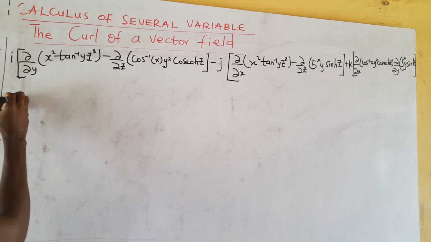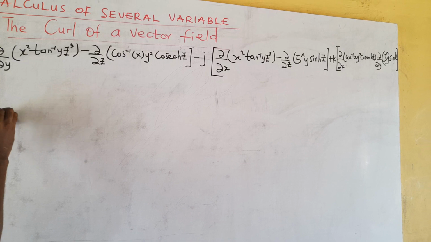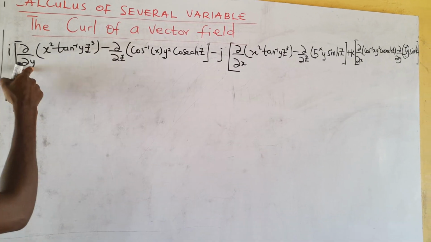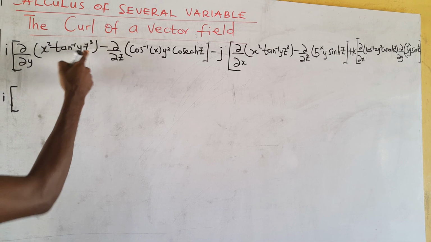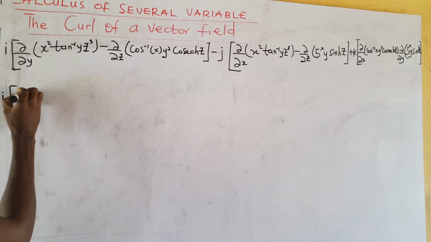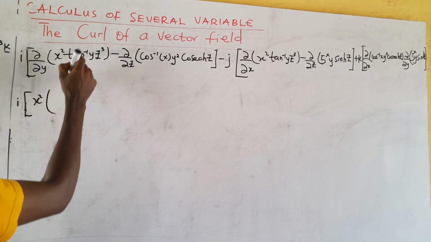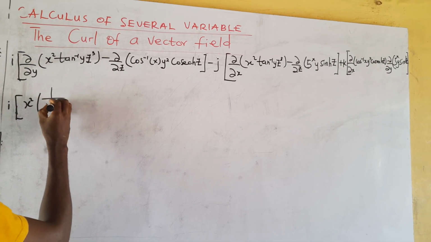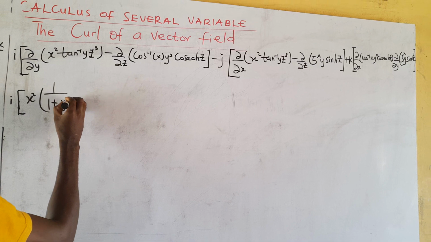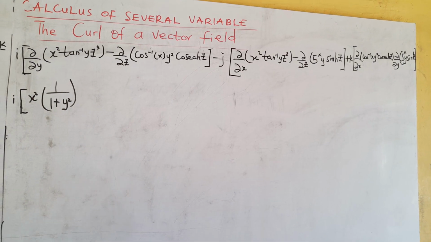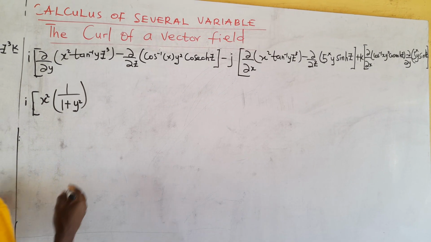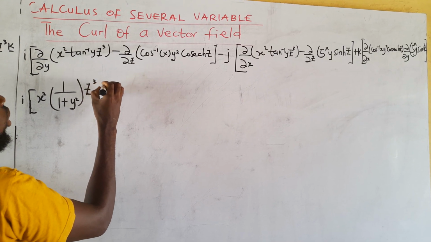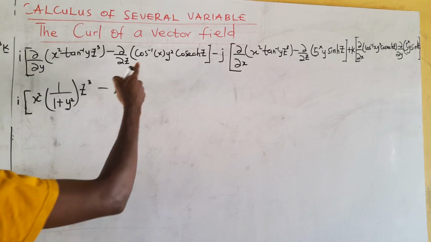So in the i direction, we are going to have the partial differentiation of this function with respect to y. So x and z will be held constant. So I have our x squared. When I differentiate tan inverse of y, I'll get 1 over 1 plus y squared. This is a differentiation of inverse trigonometric functions. Then I'll repeat my z cubed, minus the differentiation of this.